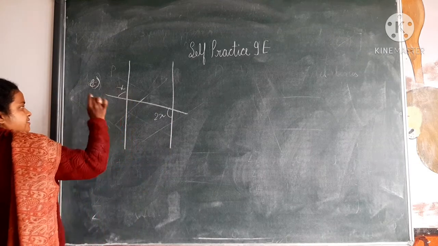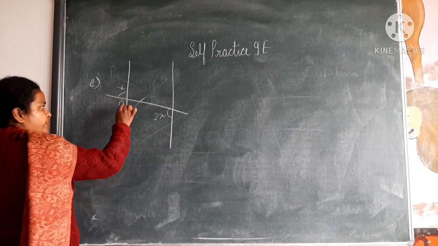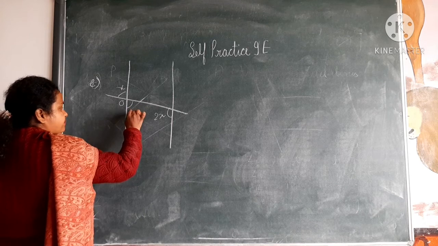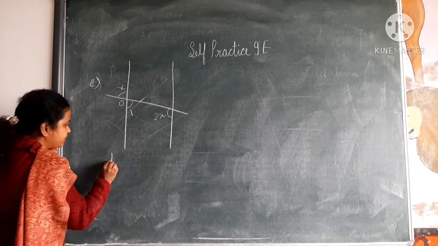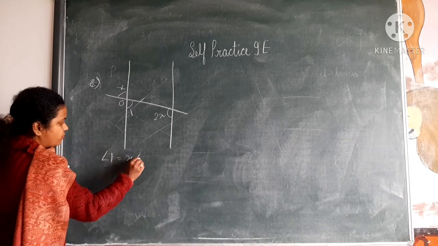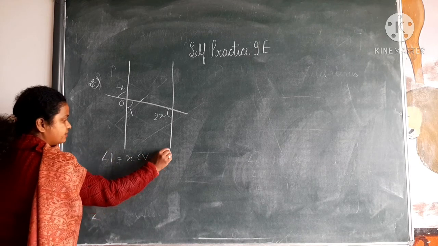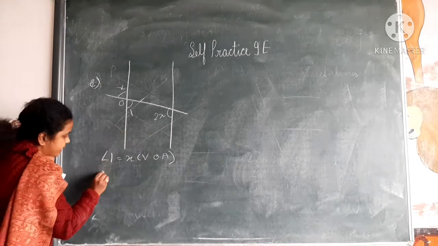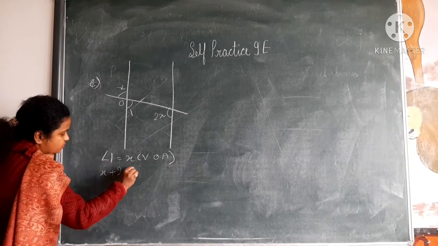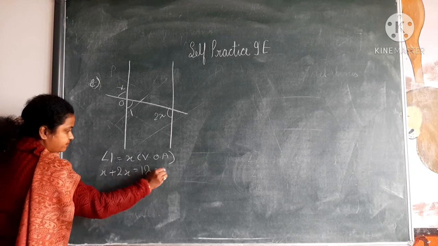Suppose this is x, I am taking this as O, so this will also be x, I am putting it as 1. So angle 1 is called x because of vertically opposite angle. Now both are co-interior. X plus 2x is equal to 180 degree.